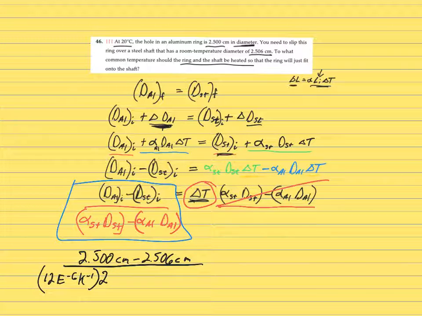I might have just kind of realized here, I lost some initials up here along the way. The diameter of the aluminum initially. Anyway, you just got to trust me on this one. 2.506 centimeters. And then I'm on the second half of this red part over here. Coefficient of aluminum is 23 e to the negative 6 Kelvin to the negative 1.